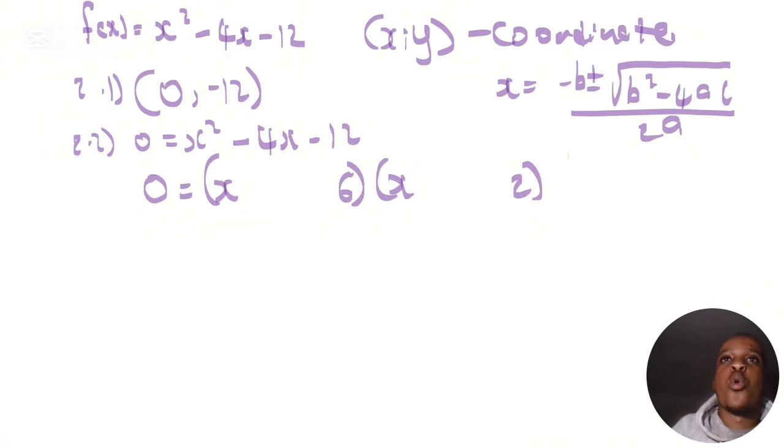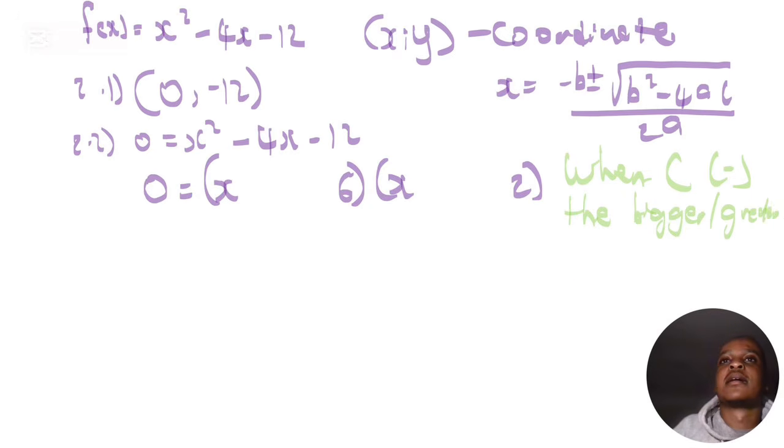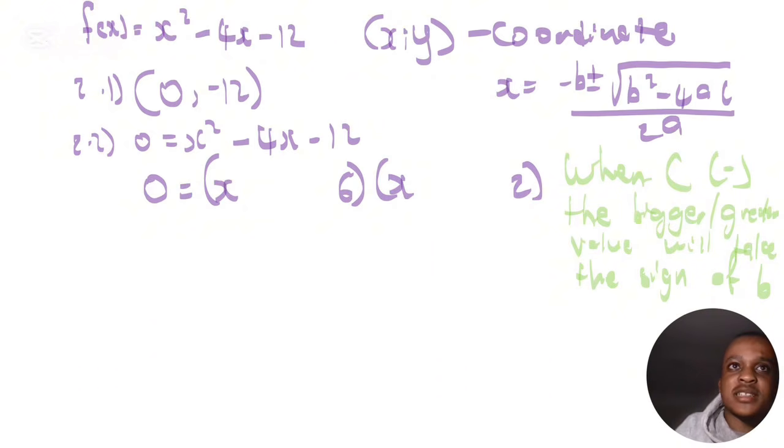When C is negative, the bigger or greater value will take the sign of B. The greater factor in this case is 6, so it will take the sign of B, which is negative. So that is the sign.